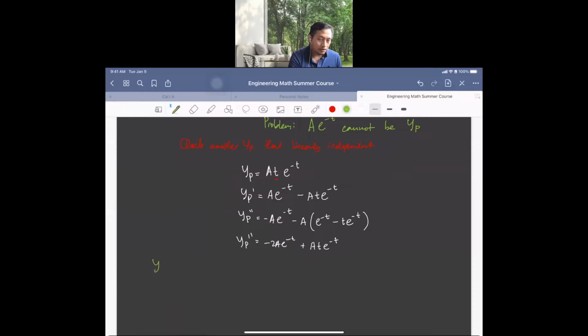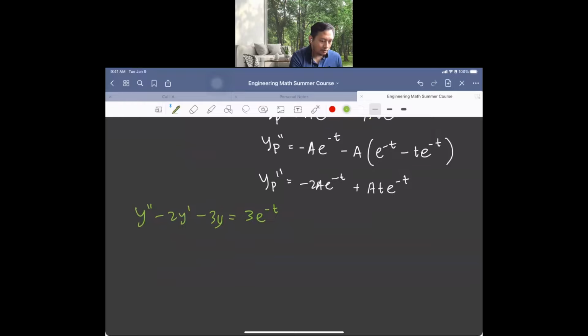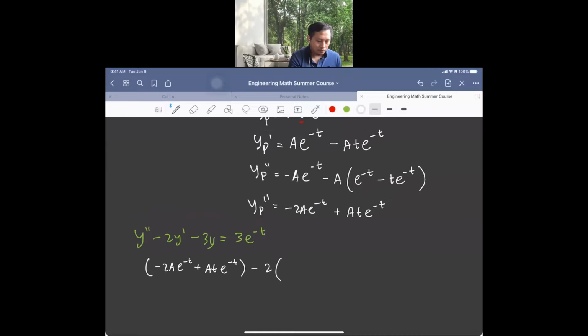Then we can check through our differential equations. So check: e^(-t) times -2a, plus a t e^(-t), minus 2.